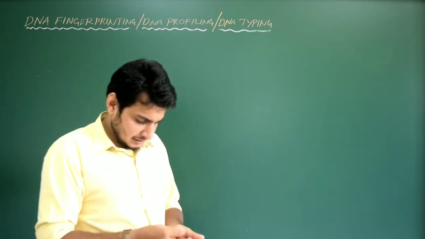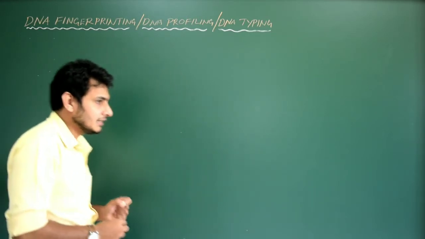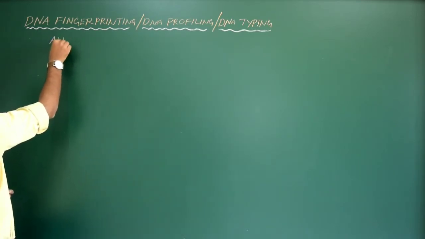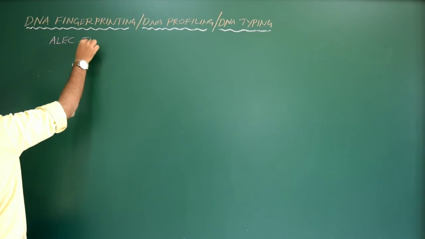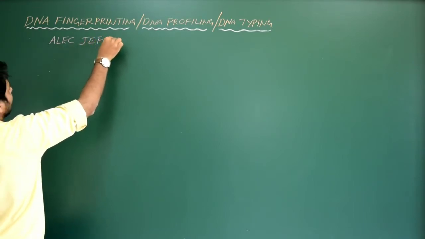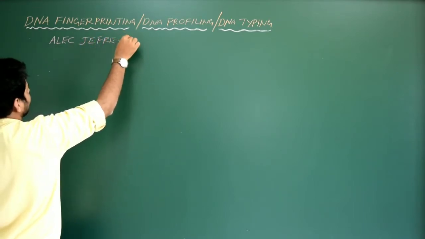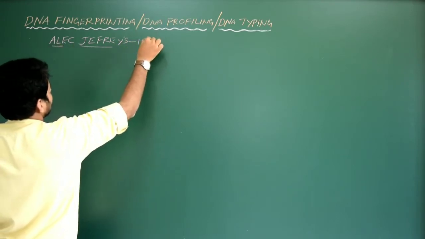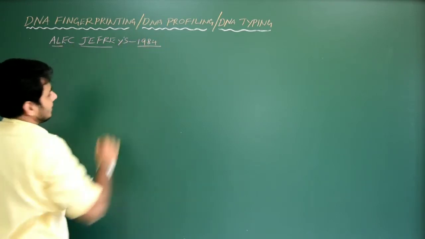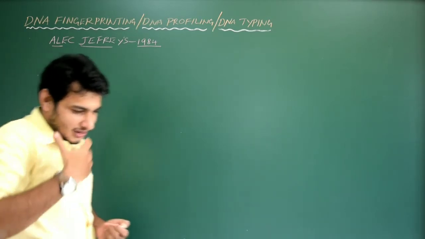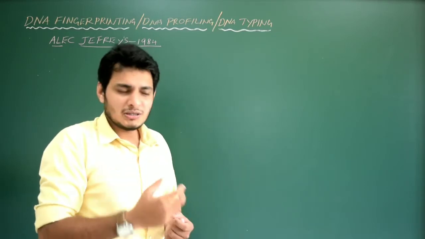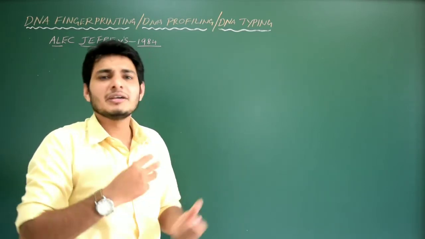The thing is, in 1984, a scientist called Alec Jeffries identified that in the human genome some sequences vary.